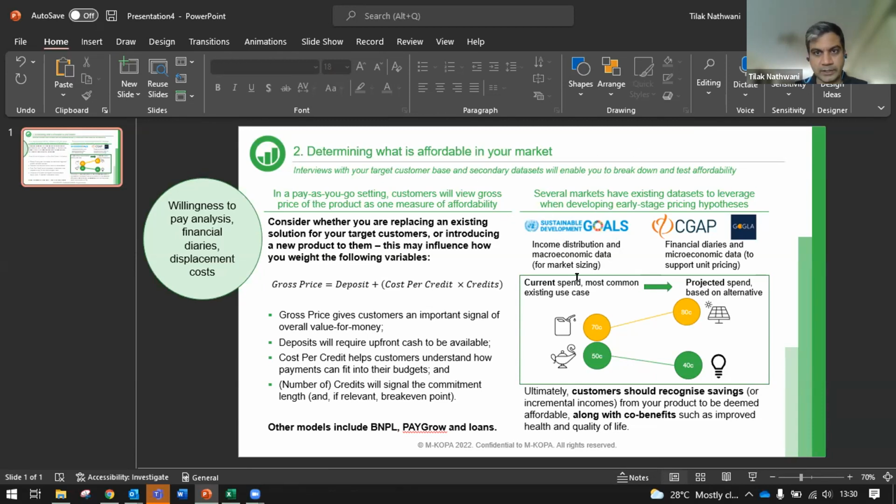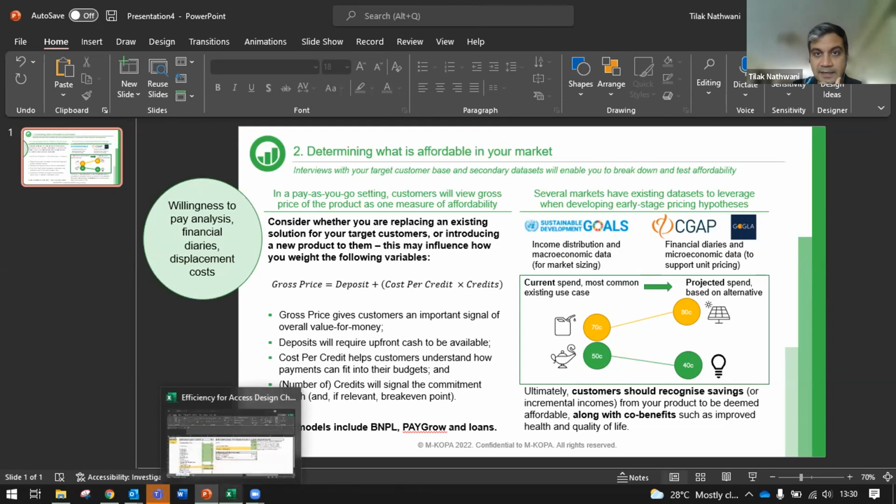And of course, there are tons of research toolkits, including willingness to pay, financial diaries, and displacement costs. For the example of lighting, you could look at how many hours a household might use kerosene lanterns, look at the cost of kerosene for an hour, and then aggregate up to calculate how much customers are spending on a daily basis to displace.